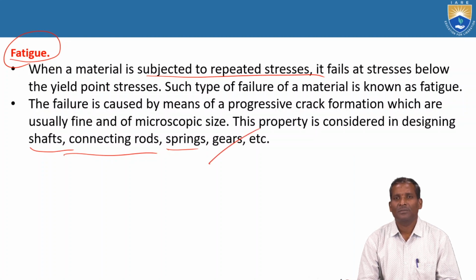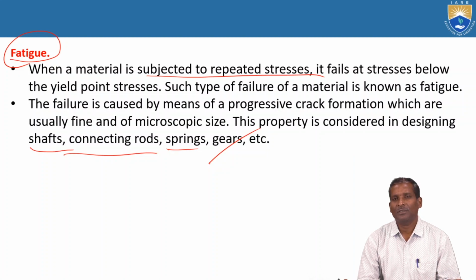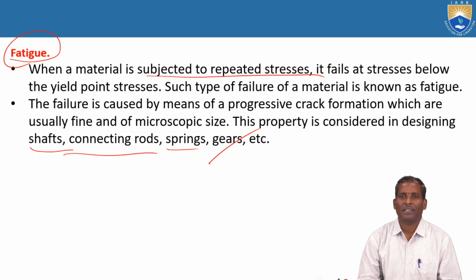Take the connecting rod. The connecting rod is in an automobile engine. The small end is connected to the piston, and the big end is connected to the crankshaft. It converts reciprocating motion into rotary motion, transferring the motion from the piston to the crankshaft.